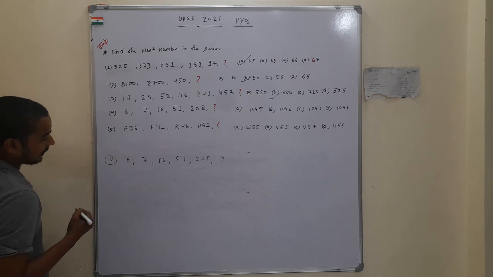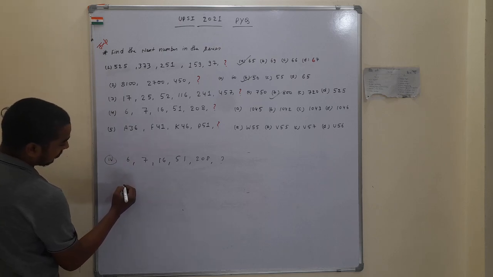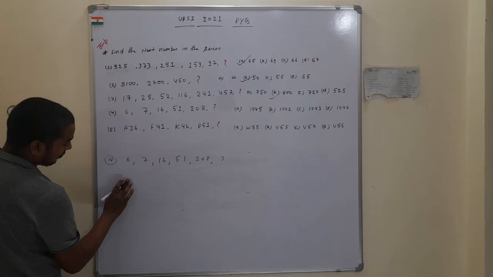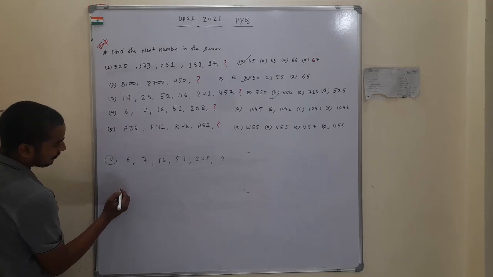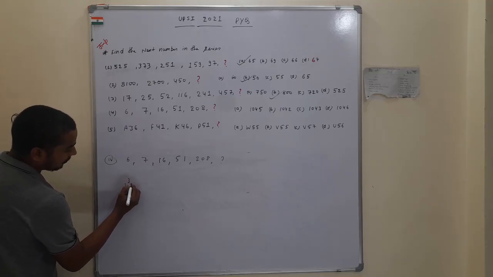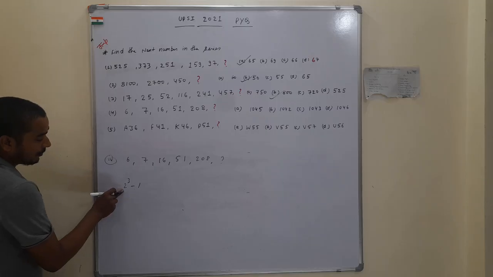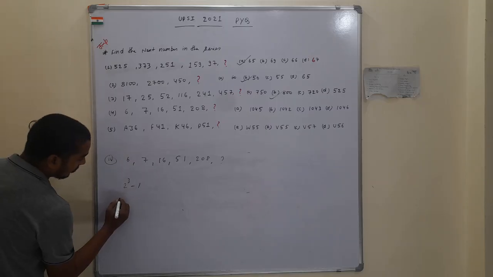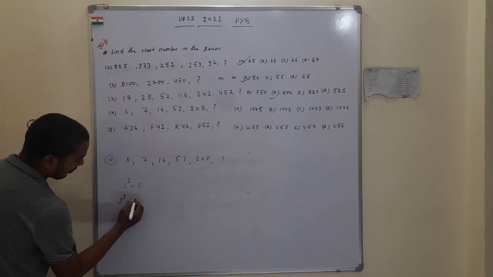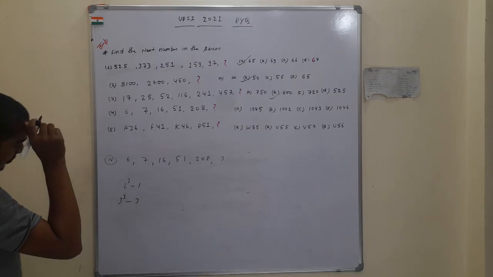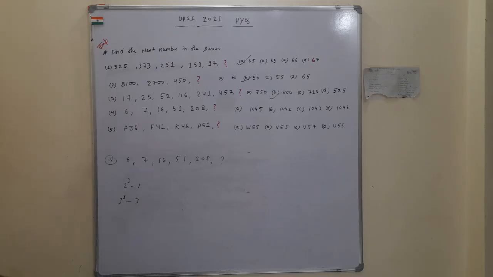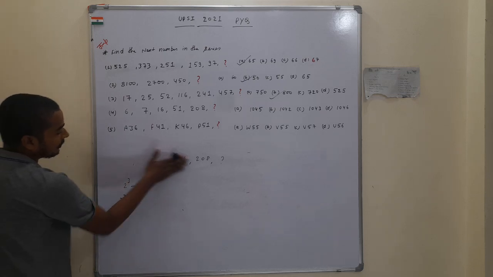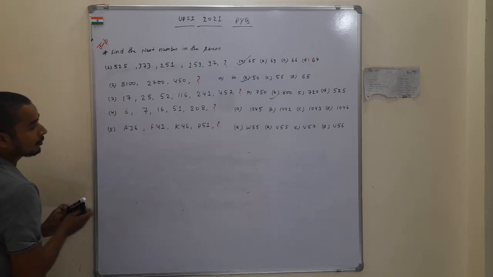From 6 to 7, we get two cubed minus 1: the cube of 2 is 8, and 8 minus 1 is 7. And then 3 cubed minus 3. We have to use another method for this question. Further, we solve the fourth question here.